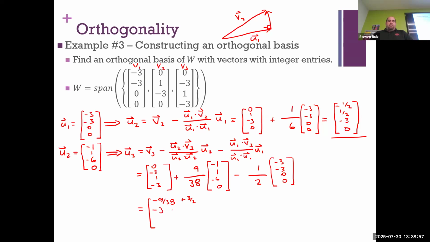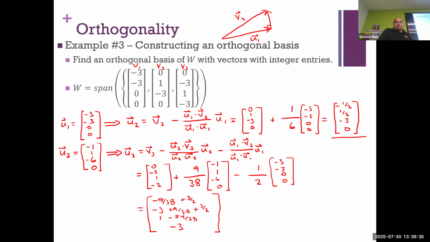Then -3 plus 9 over 38 plus 3 over 2. And then 1 minus 54 over 38. And okay, I get one for free. So that's a vector that contains the directionality I want, but it doesn't contain integers.